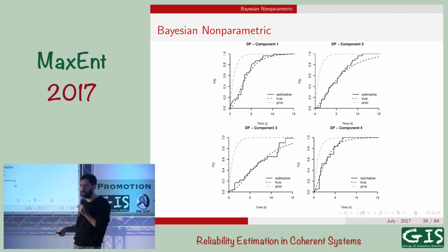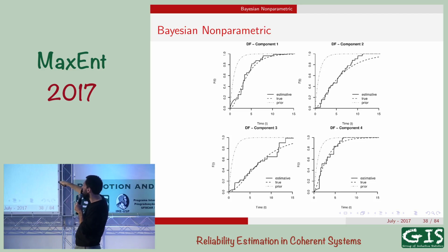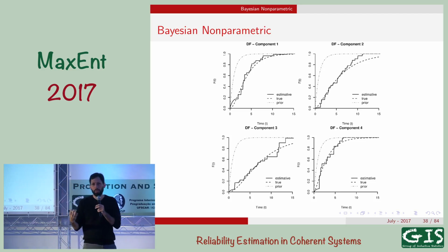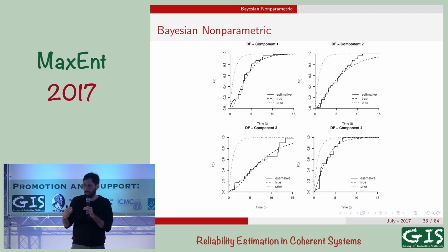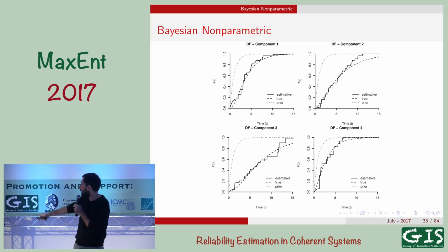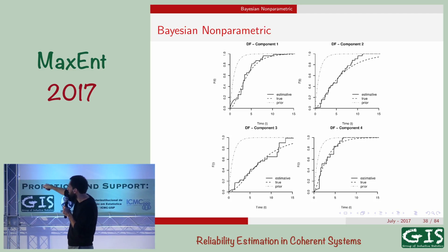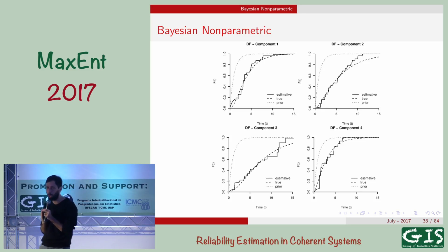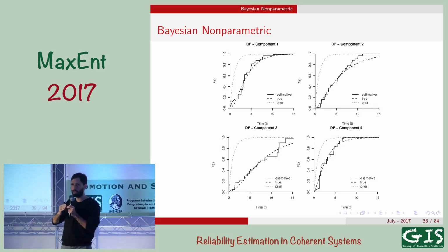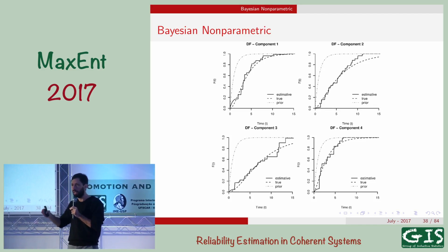Generally, we are more worried about the beginning. If you think of a manufacturing company and the warranty, I should have a really good estimator in the beginning of the distribution, to be sure about the working. So it is a problem, yes.